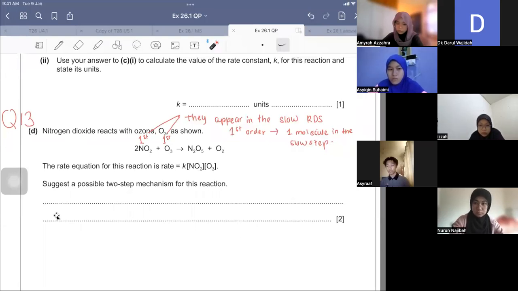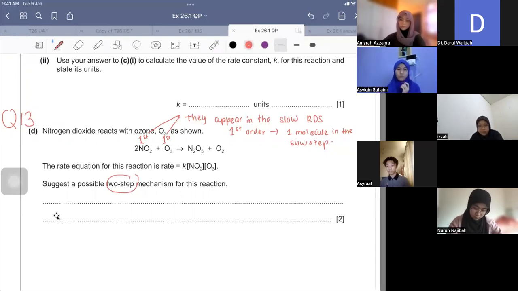Okay, because the question also said that it suggests a possible 2-step mechanism. So this is now the reverse. Usually the question asks you to determine the slow step, but this time they give you the rate equation, and the rate equation implies that 1 molecule of NO2 and 1 molecule of O3 will appear in the slow step.